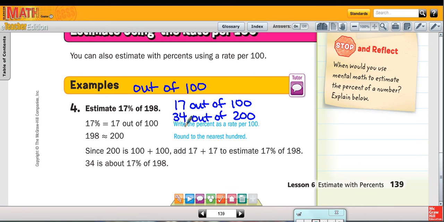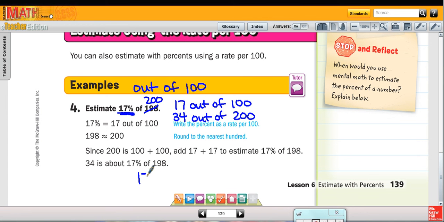So what we're going to do is keep the percentage with rate per 100, and change this to a value that's close to a multiple of 100. So what's the closest multiple of 100 then? 200. Well, how many 17s would be in 200? 2, because there are two 100s, right?